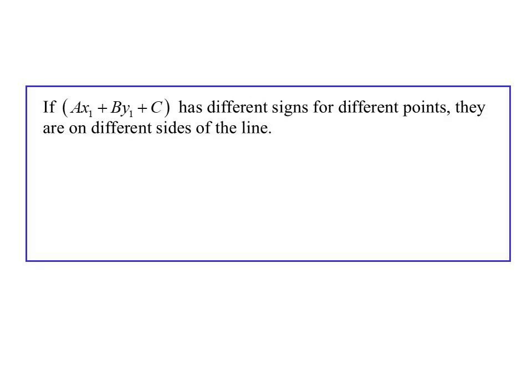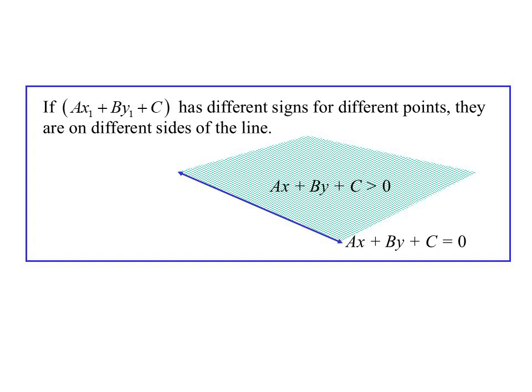If we just look at the general solution of the equation, if I substitute in, it's either going to give me 0 if it lies on the line, or it'll give me a positive number, or it might give me a negative number. But what does that mean? Now think about when you're drawing regions in the plane. If I had said to you, shade where this is greater than 0, you would have shaded one side of the line.